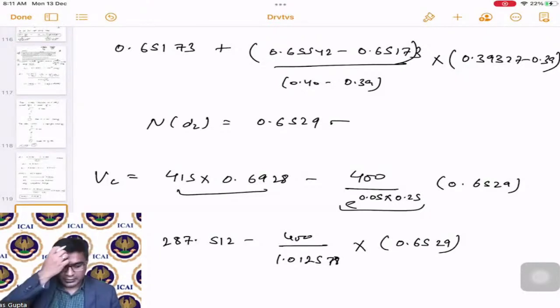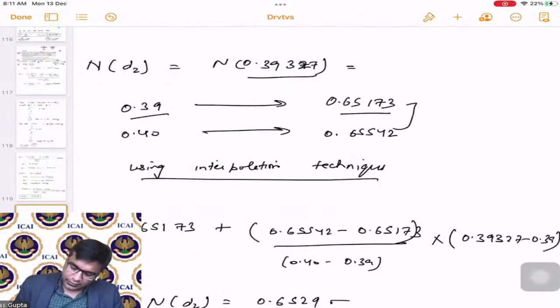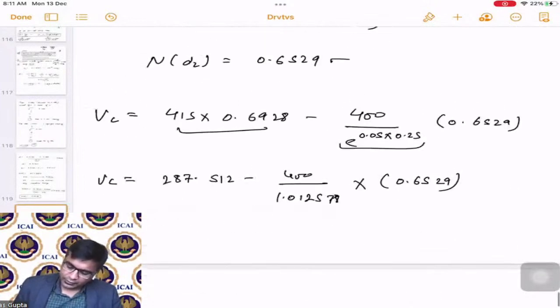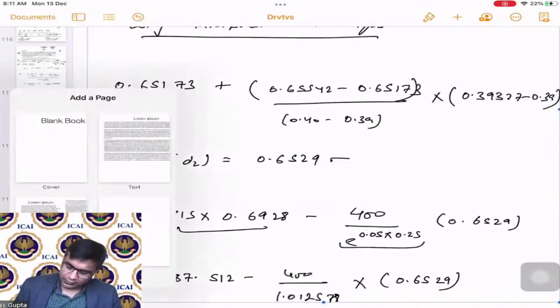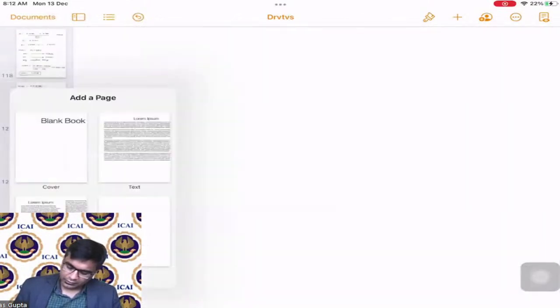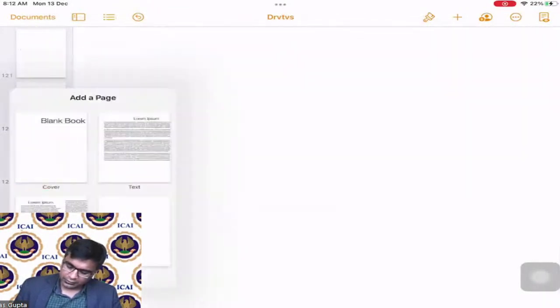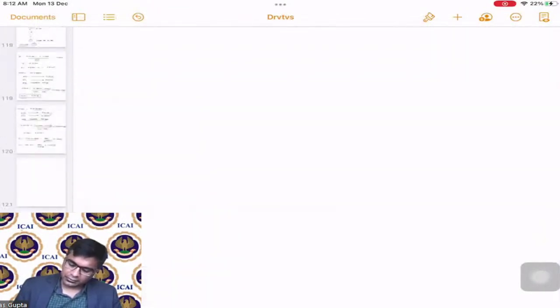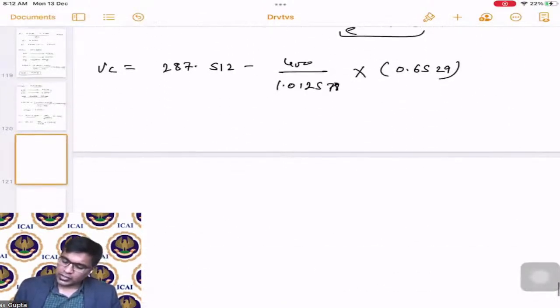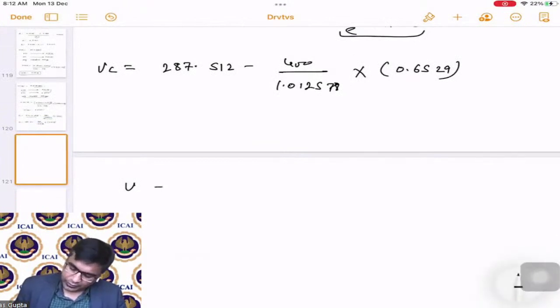Correct, students? So the value of call option comes out to be 29.60.